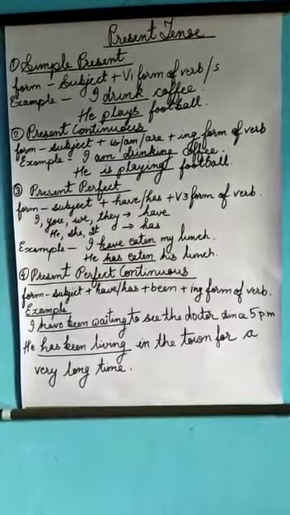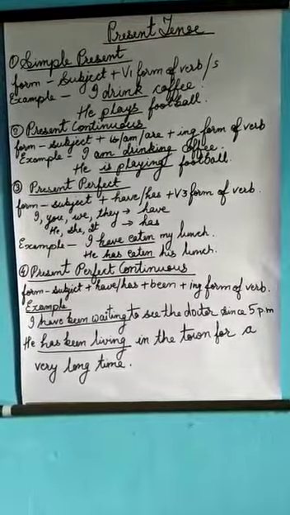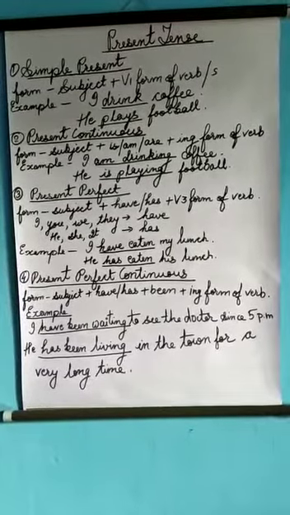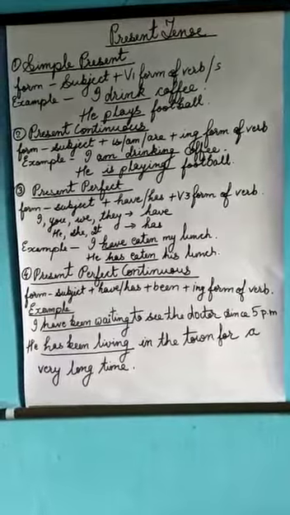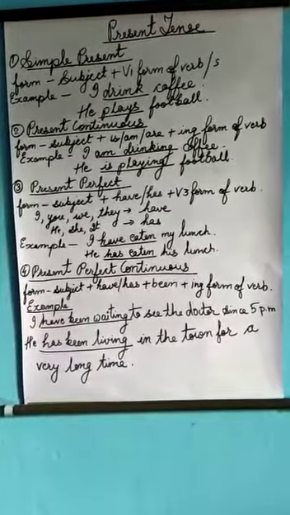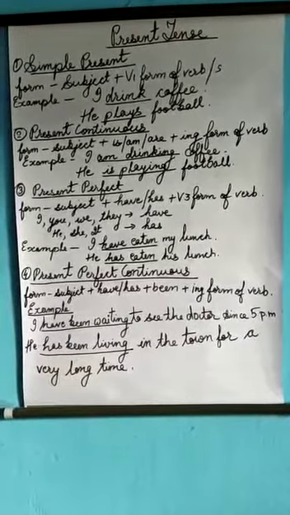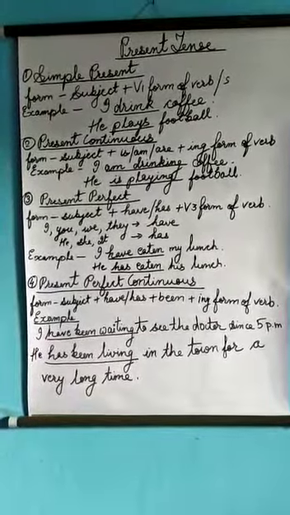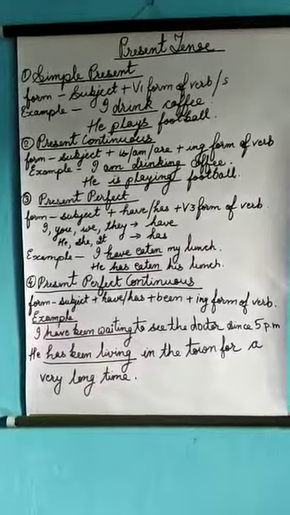For example, I have eaten my lunch. So according to the subject I, you will choose a helping verb have plus the V3 form of verb, that is eaten. So if you consider this verb eat, it will be eat, that is the V1 form, ate V2 and eaten V3. Eat, ate, eaten. So whenever you form a sentence in present perfect, always use the V3 form of verb.